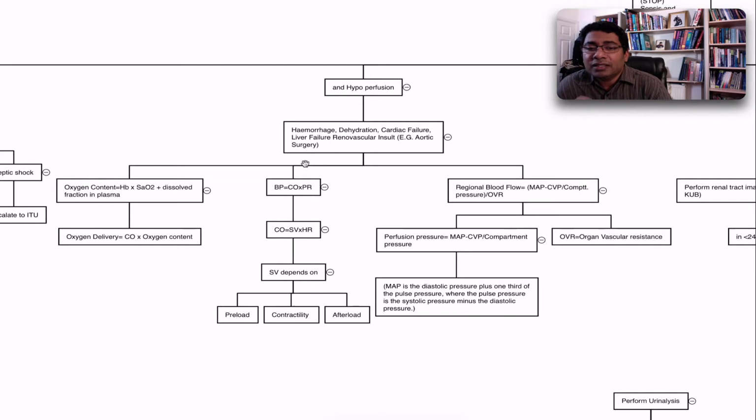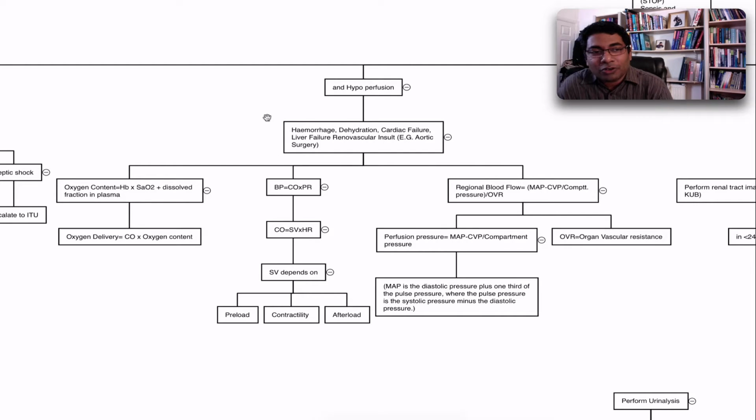I'll just clarify a few points here. It's very important to understand that peripheral perfusion to vital organs is primarily based on improving oxygen delivery. It's all about ensuring oxygen is delivered to the peripheral tissues. And for oxygen to be delivered to the peripheral tissues, oxygen has to be bound to hemoglobin.